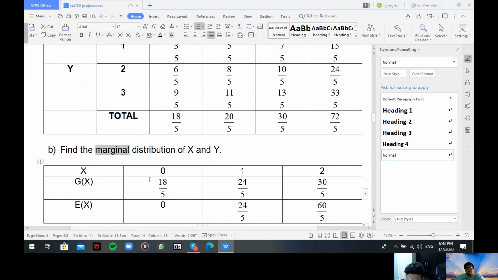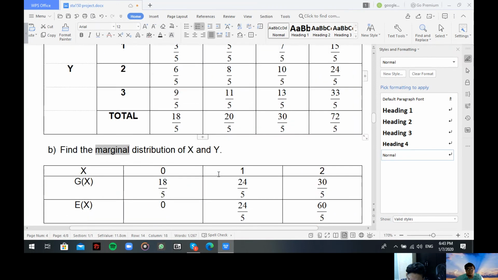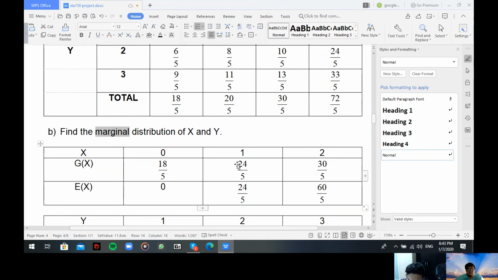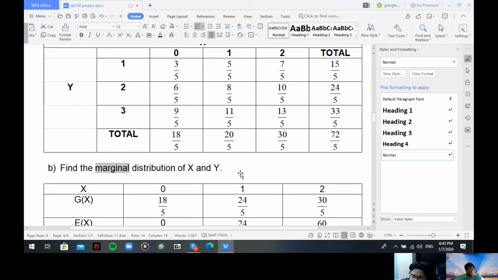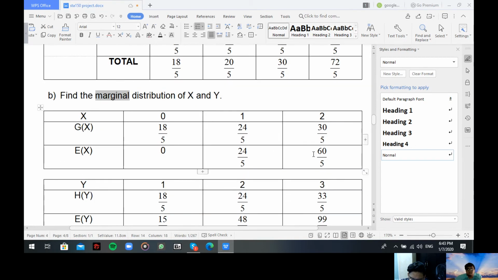You just do it like 18 over 5 for x, like here, and then for 1, okay, this is a typing error. This is not 24, actually this is 20. Yeah, 20. Sorry for the typing error.